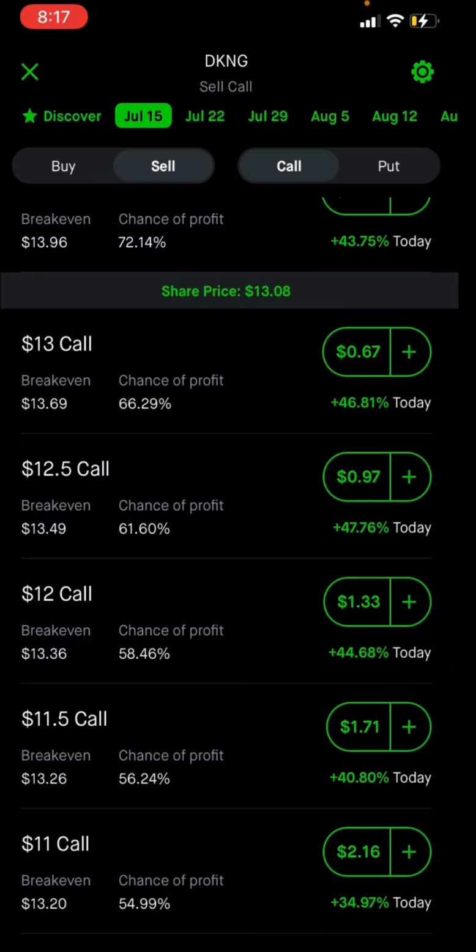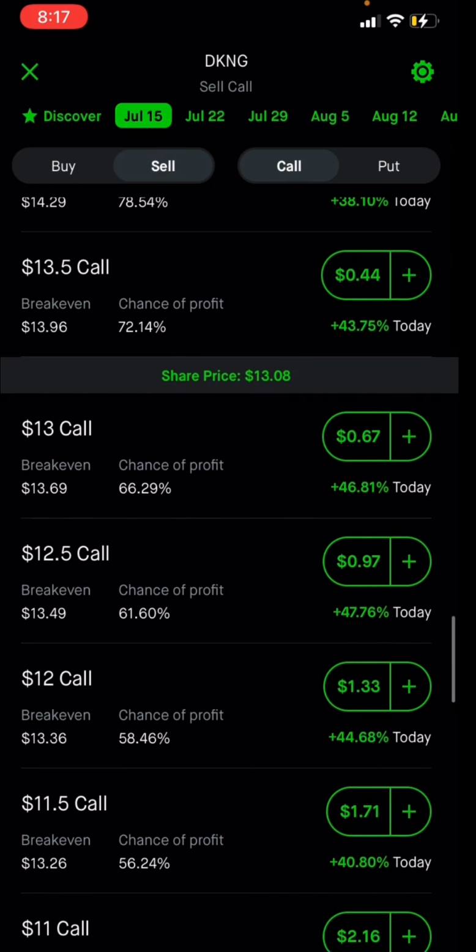And what these strike prices are, these bolded white numbers at the top right of the contract. And the strike price lets me know that this contract is saying that by July 15th, this overall market will be above $13. The higher up it goes, the more money you make. The lower it goes, the more money you lose.